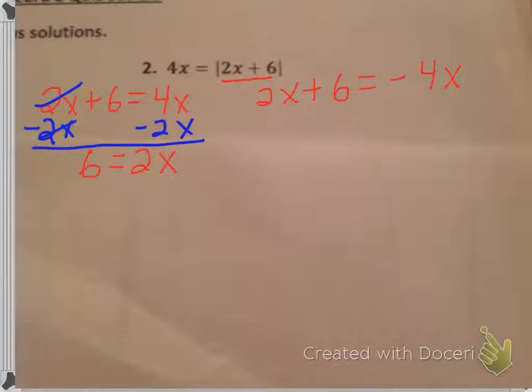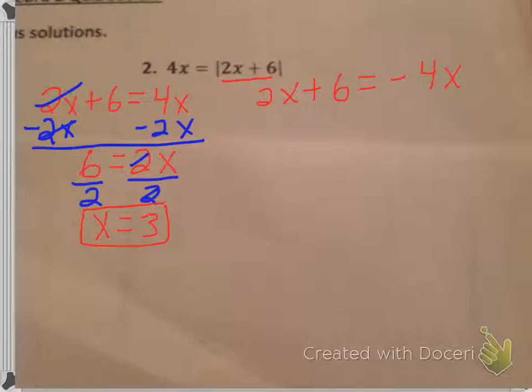So now I need to get the x by itself, so that's 2 times x. So I'm going to divide by 2 and divide by 2. The 2's cancel. And then that's going to leave us with x equals 6 divided by 2, which is 3. So that is our first answer for number 2.